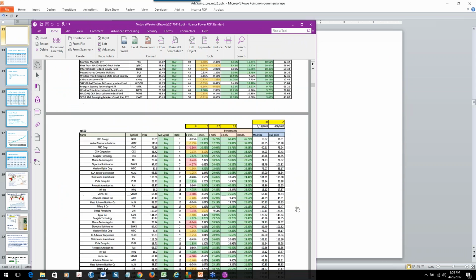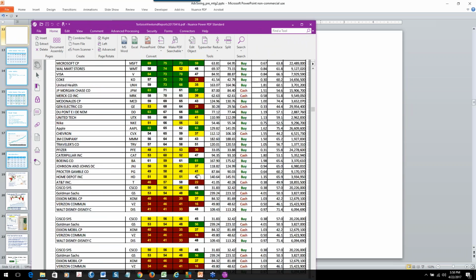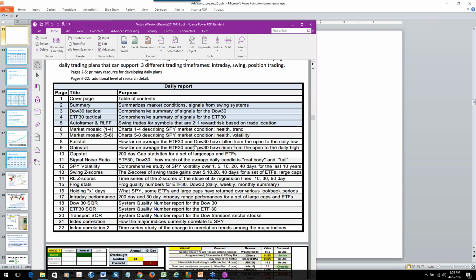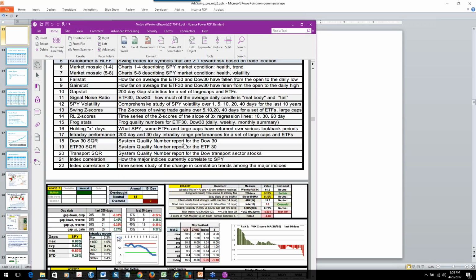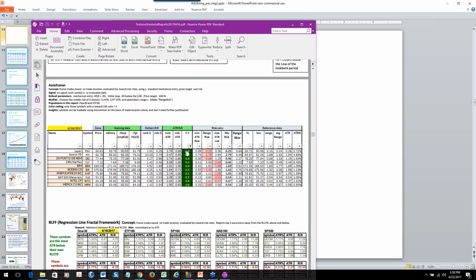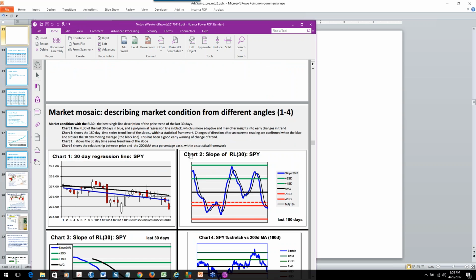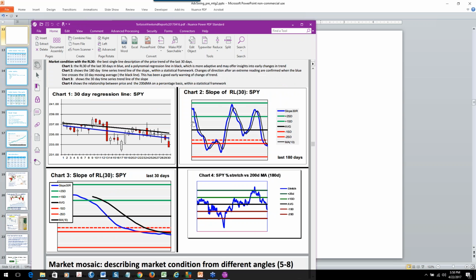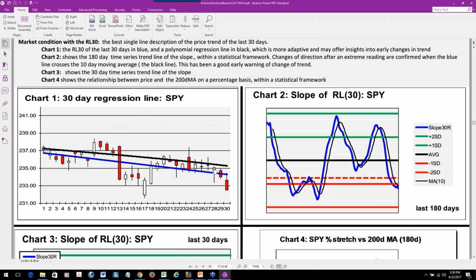Actually, I do this every day. Here's the slope statistic.